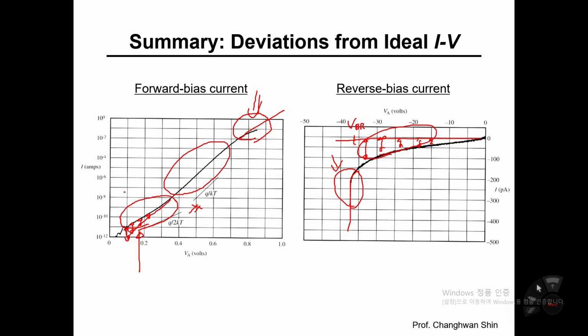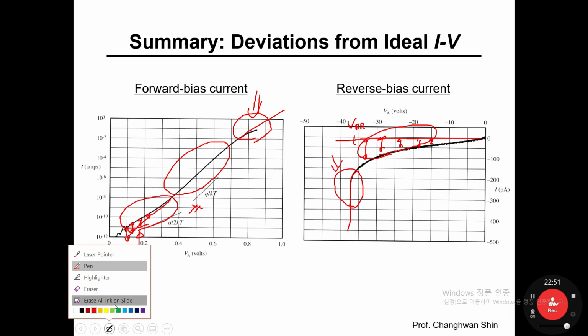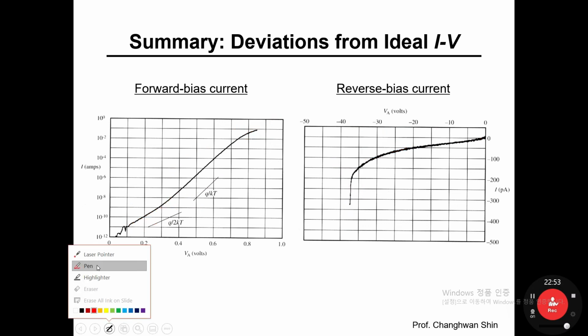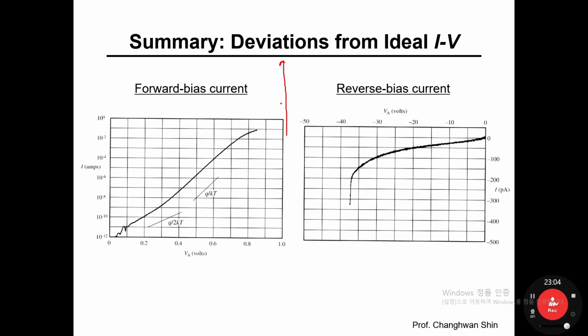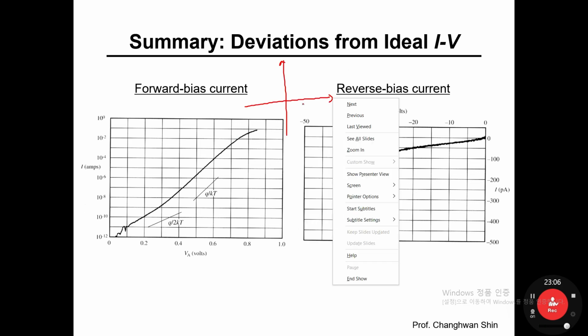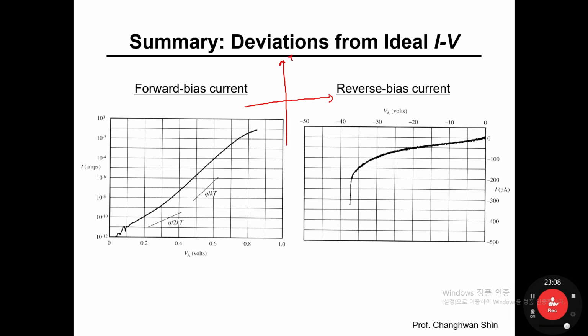So you may guess, so where's my mouse? Okay, here. So this is a, oh, my pen. Okay, so herein, let me draw the full IV characteristic in a single shot. Current versus voltage.